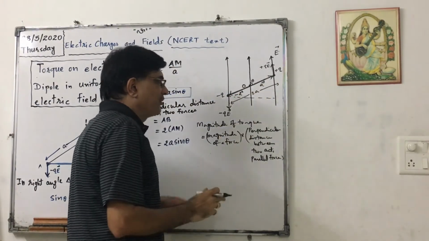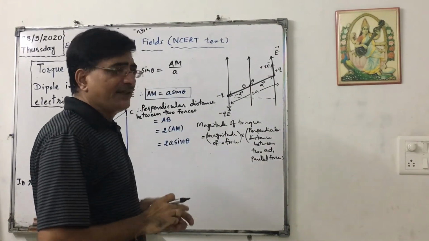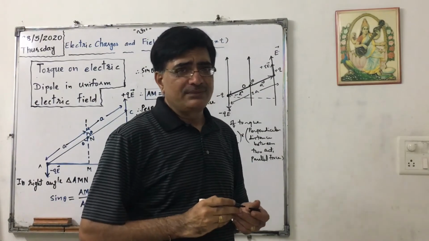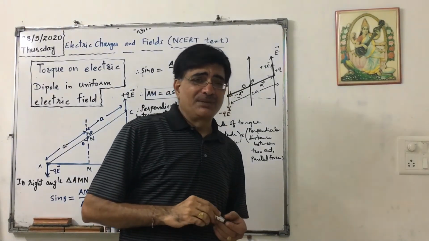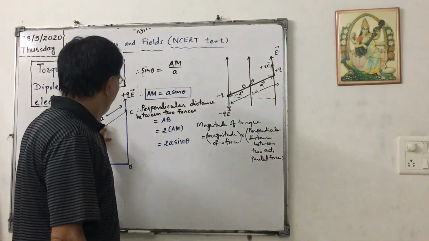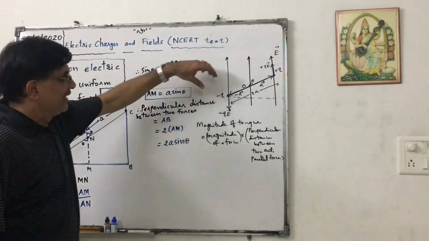Now they have directly written in the textbook that it is 2a sin theta, but considering the difficulty of B group students, biology group students, I have derived it here. Let us magnify this figure.